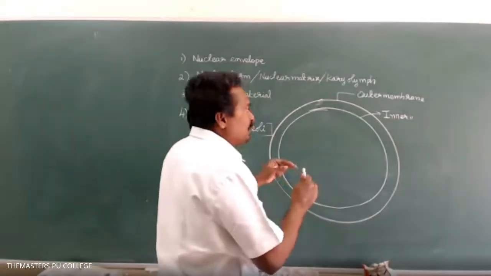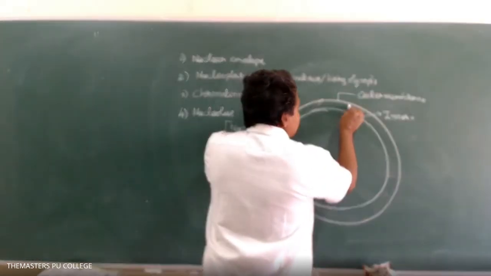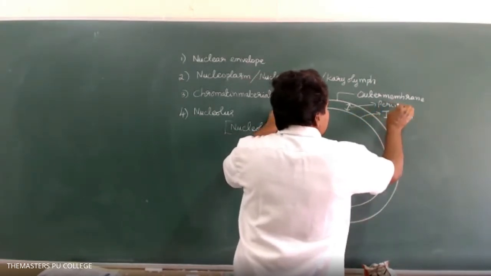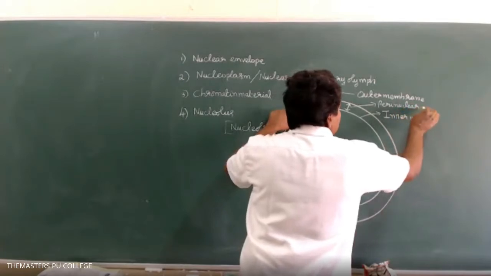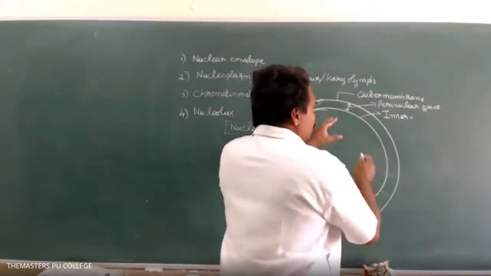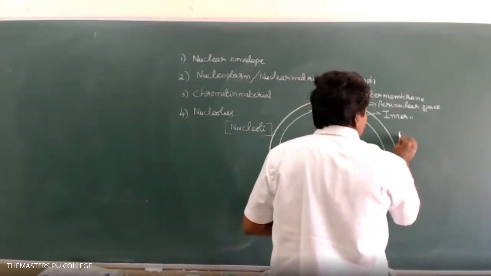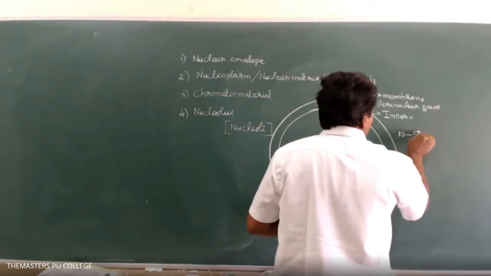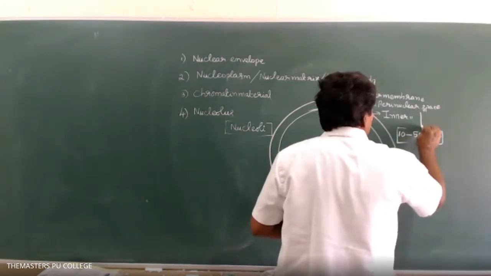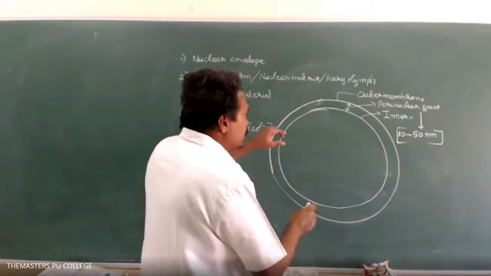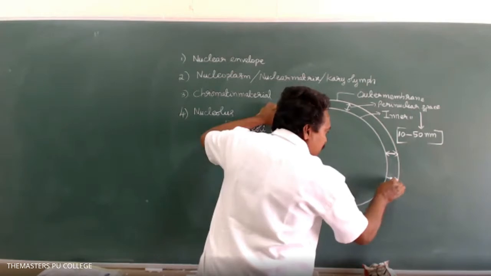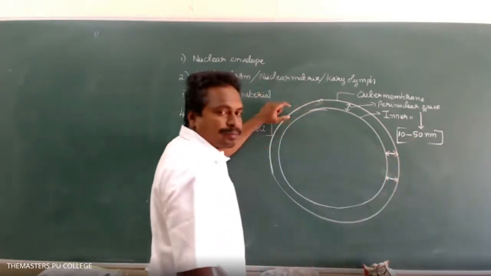The space present between the two membranes is called the perinuclear space. The perinuclear space is 10 to 50 nanometers.